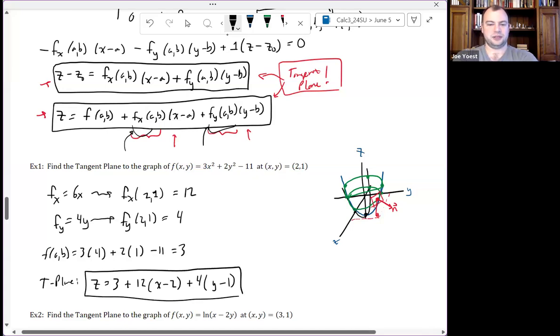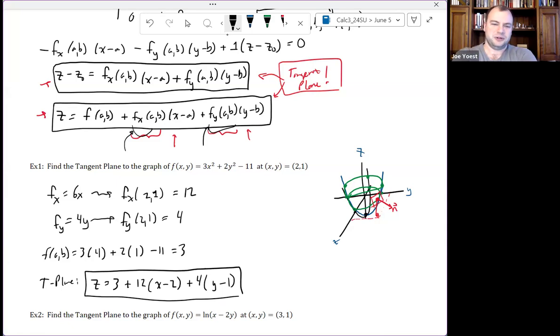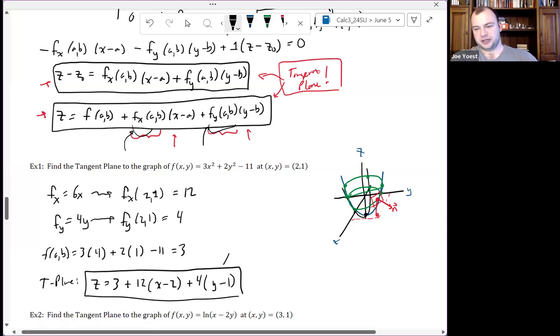So I could write this like that. I could write it as z minus 3 equals the other stuff too, whichever way you prefer to write it. But I like this way because it shows me directly how changing the inputs, x and y, affects the output, very importantly, the output on the tangent plane, not on the surface itself, but on the approximation to the surface.